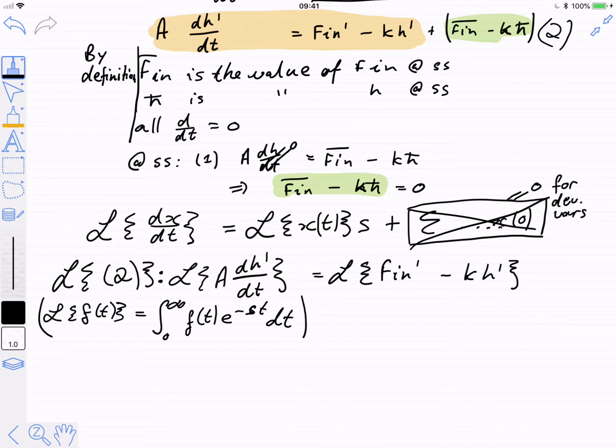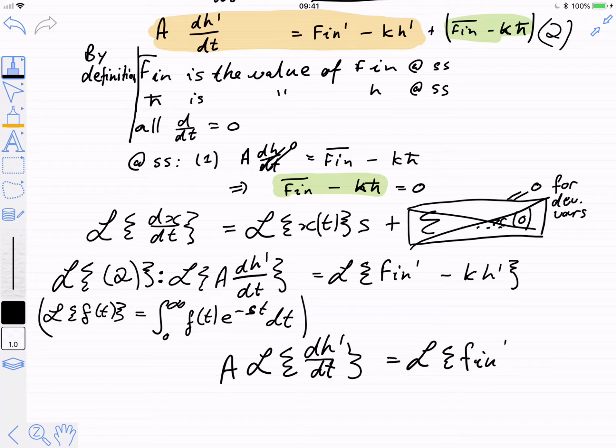I can simplify this as a times the Laplace of dh prime dt is equal to the Laplace transform of F_in prime minus k times the Laplace of h prime.